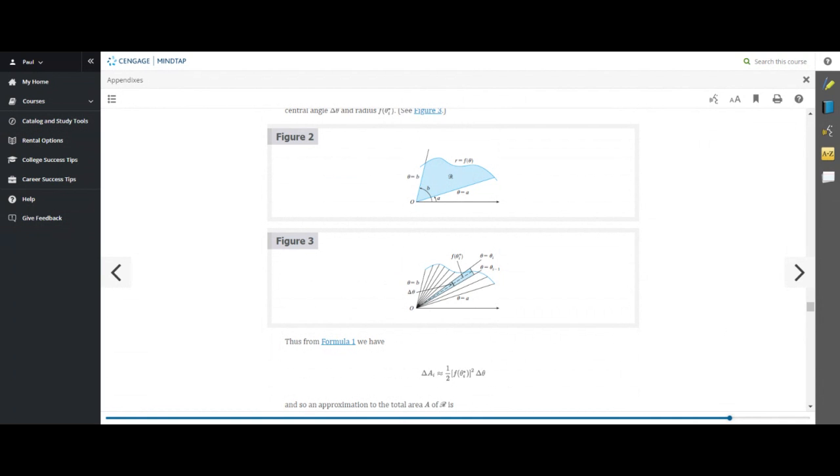Every division is a sector of a circle, where the radius is equal to the function f of theta. That's the dashed line in figure 3. The sector starts at theta i minus 1 and ends at theta i.